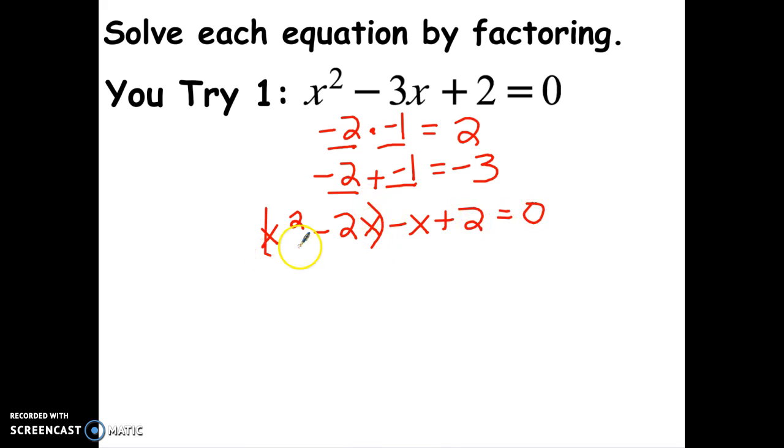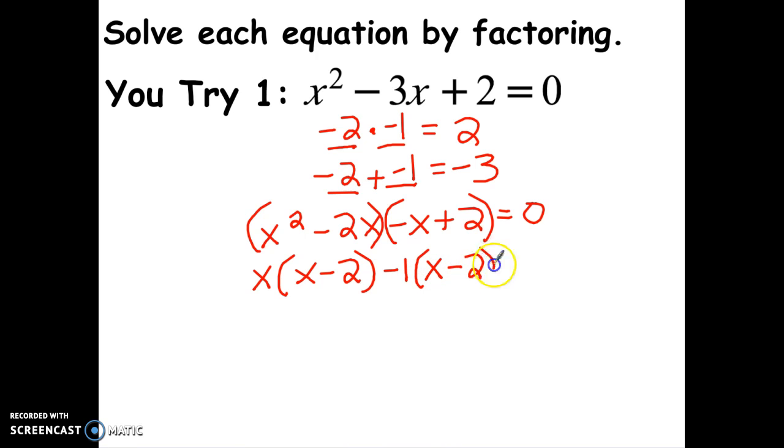Place our parentheses around our groups. That is ugly. Let me erase that. Okay, I can divide both of these by x, so that leaves me with x minus 2. To pull out, I'm going to pull out that -1 because I know that my second term needs to be negative. So if I pull out that -1, that's going to leave me with x, and this is going to leave me with -2.